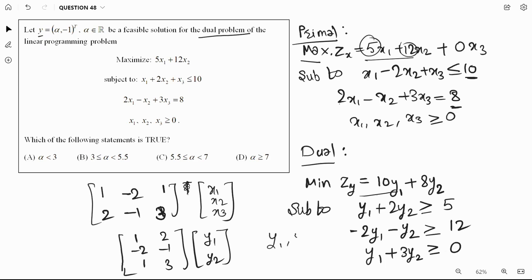The sign of y1, y2 doesn't really matter here, so we will not go into that. Whether they are positive or unrestricted in sign, we just have to find some bounds on alpha. Now that we have a dual problem and its feasible solution, we will put this solution into these constraints, because it is a feasible solution, so it will satisfy all the constraints, right?